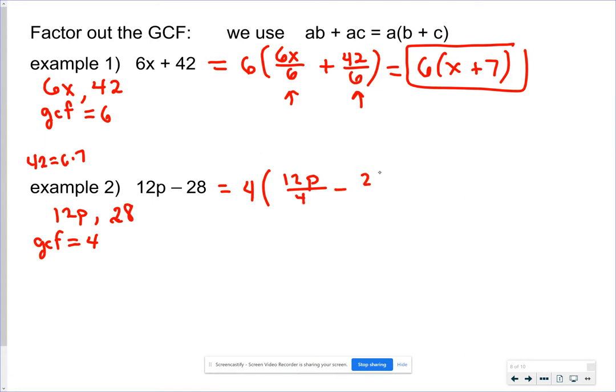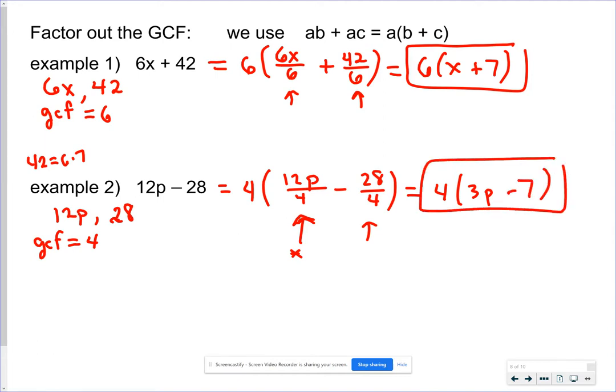We're just doing opposites here. 12p divided by 4 is 3p, and then 28 divided by 4 is a 7. There's a minus sign in between, and we are done. You can check your answer by redistributing the 4. 4 times 3p is 12p, and 4 times negative 7 is negative 28.